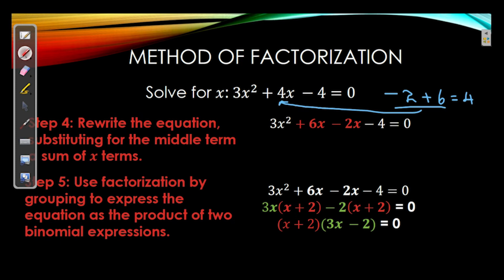The reason for doing that, I want you to take a very close look at this next line, and I want you to see for yourselves where the -2 and 6 come in. Notice -2 and +6, we're using them as coefficients of x.